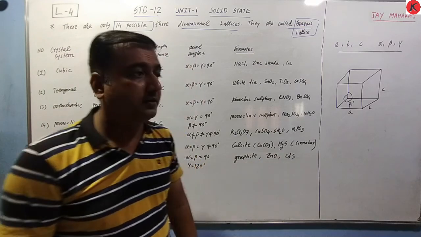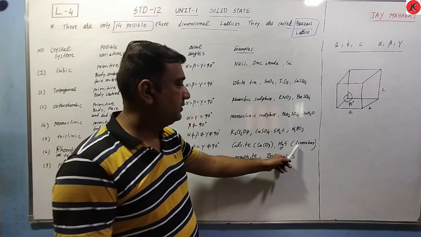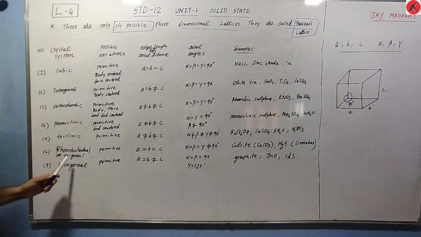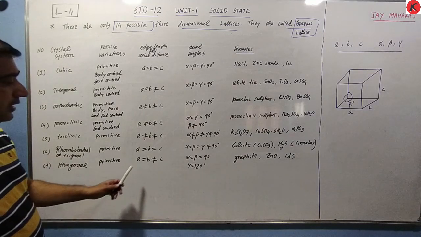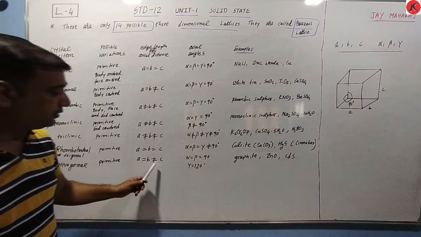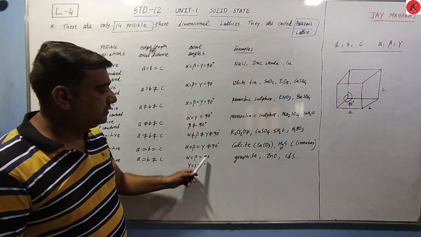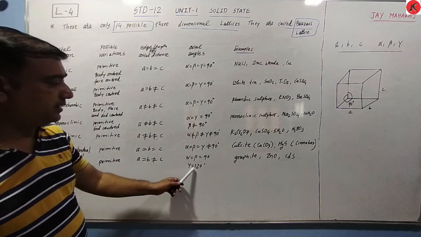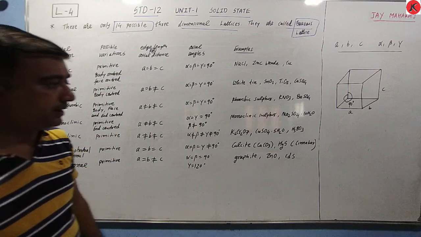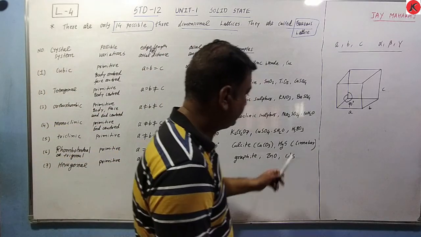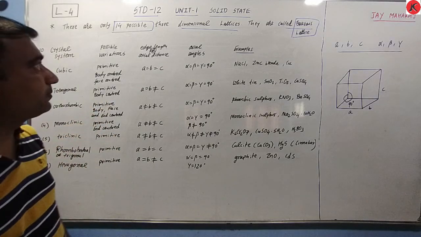The second example is HgS, mercury sulfide, famous name cinnabar, having a rhombohedral or trigonal system. Now the seventh is hexagonal. Here a equal to b but not equal to c, alpha and beta equal to 90 degrees, and gamma equal to 120 degrees. Examples are graphite, zinc oxide, and cadmium sulfide. These are the information given in the textbook.